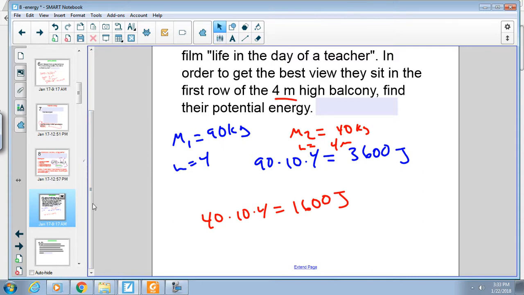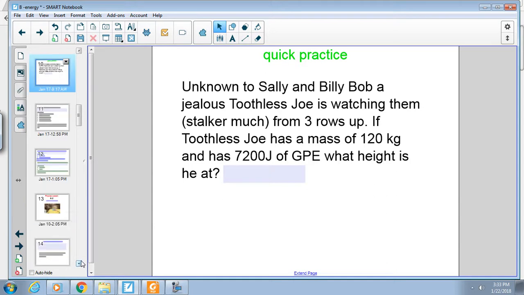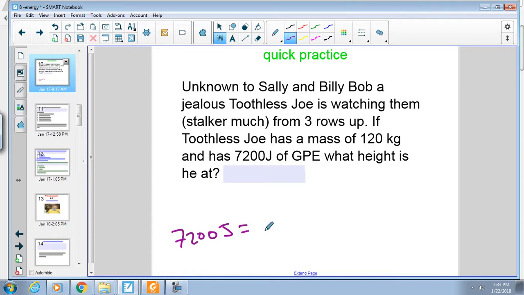But let's say, hypothetically of course, that someone is behind them and he is 3 rows up. If he has 7,200 joules of energy, then how much is his height?